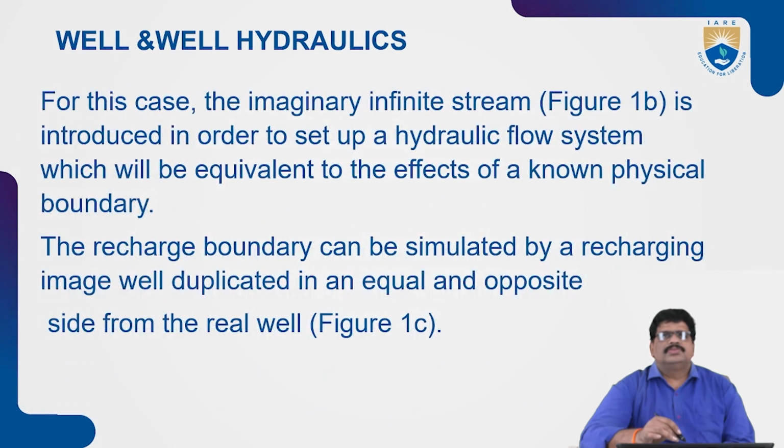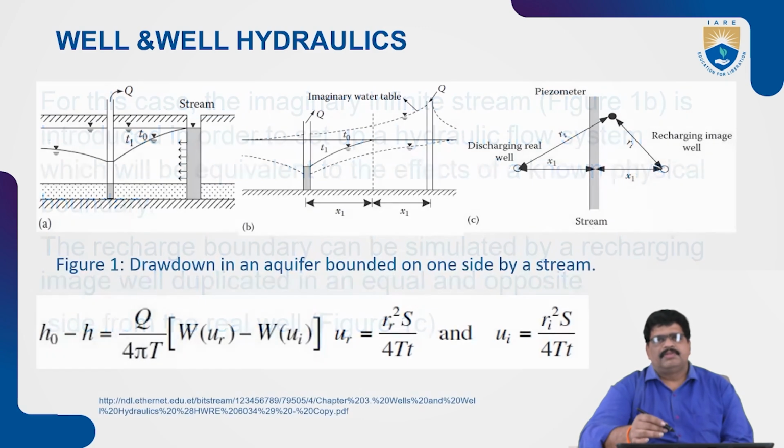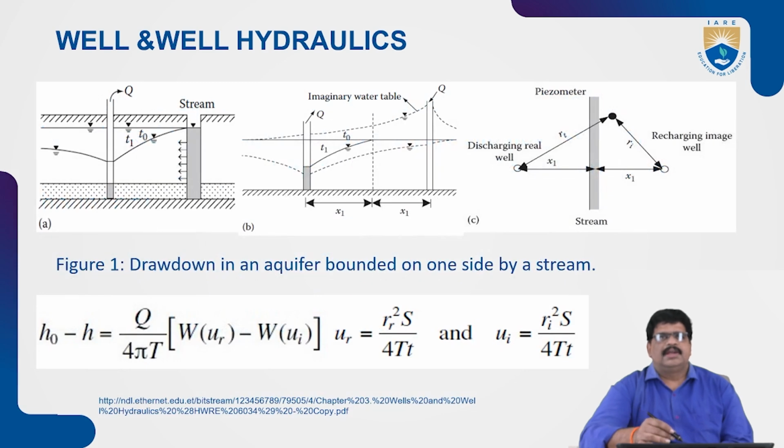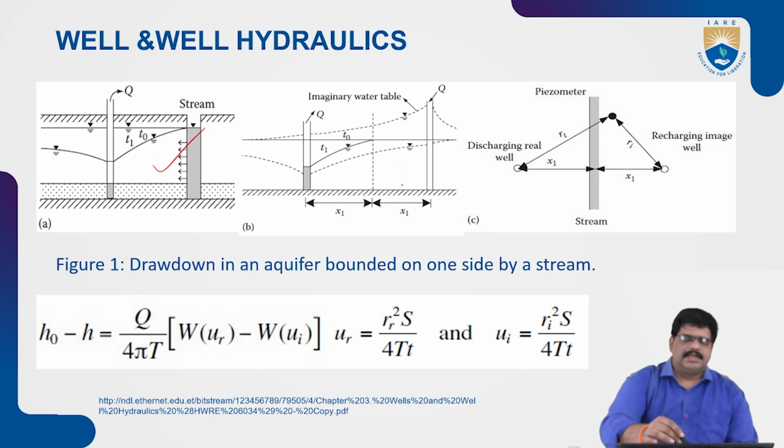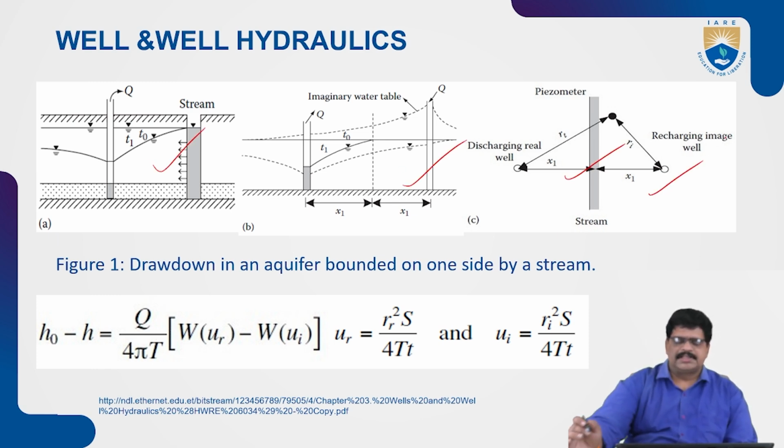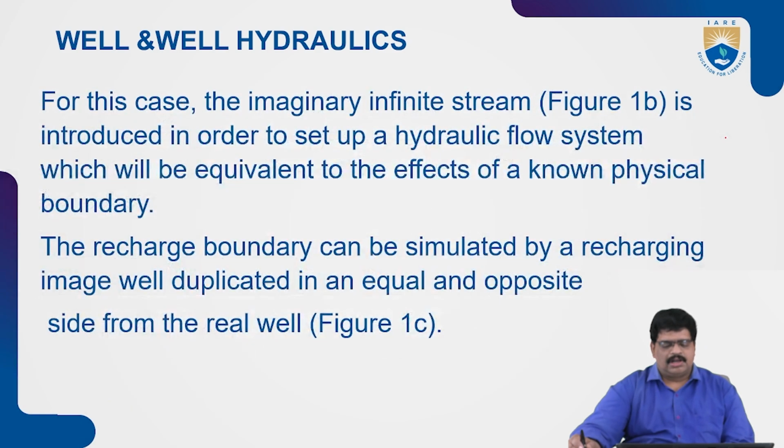In the imaginary infinite aquifer of figure 1b, the introduced hydraulic system of the physical boundary, as we showed in the previous slide, has the image well on the opposite side of the river. Let us see the diagram of the drawdown of the aquifer boundary in the stream, where there is another aquifer with different levels and conditions, A, B, C, already given.